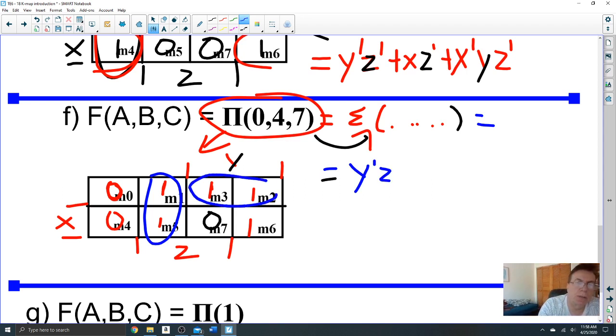This pair will generate term x prime y. And this M6 is not a single. It can be attached to M2. So this is a pair. And this pair is y prime.